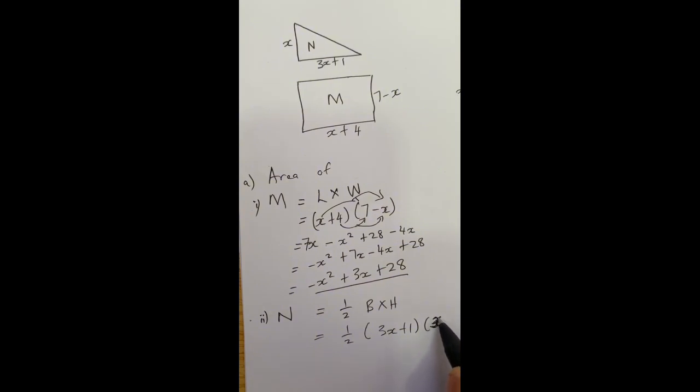Let me rewrite that: half of 3x plus 1 multiplied by x. Okay, so this would give us half of 3x squared plus x, which can also be written as 3x squared plus x all over 2.